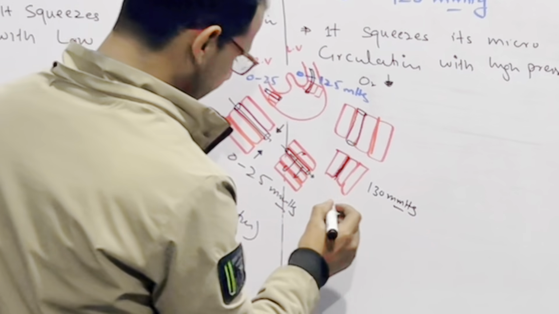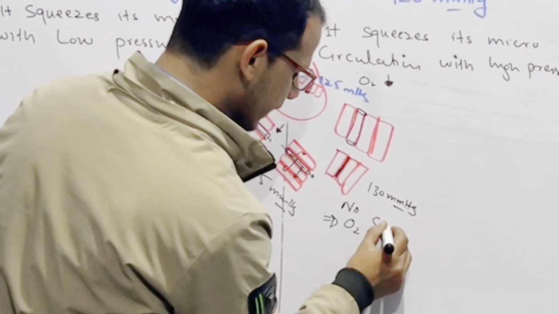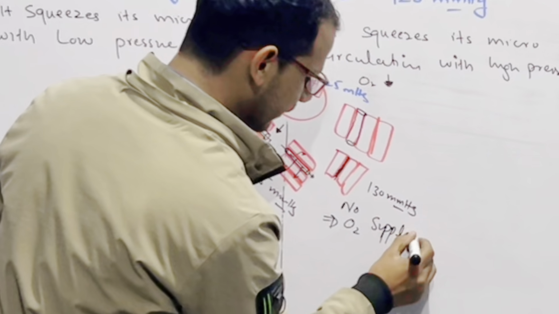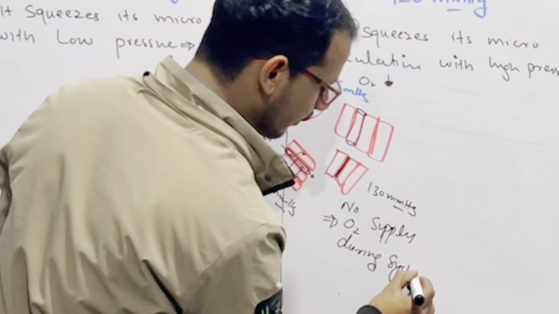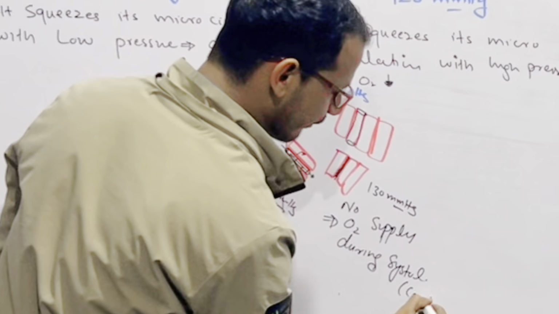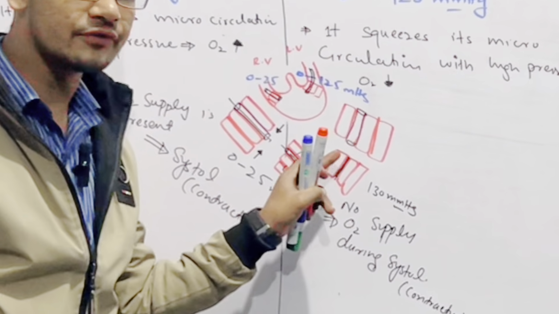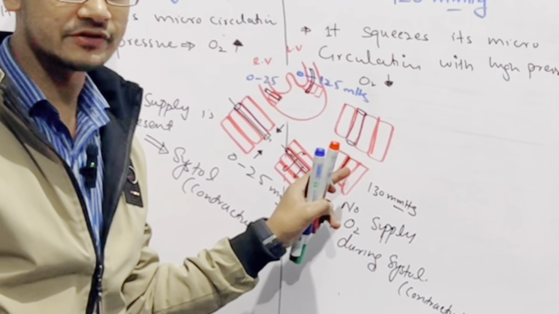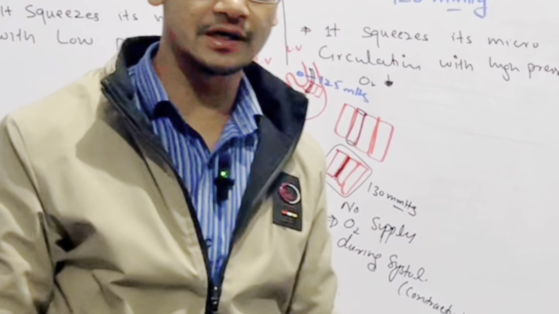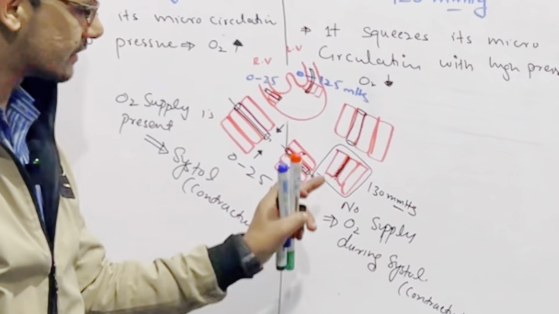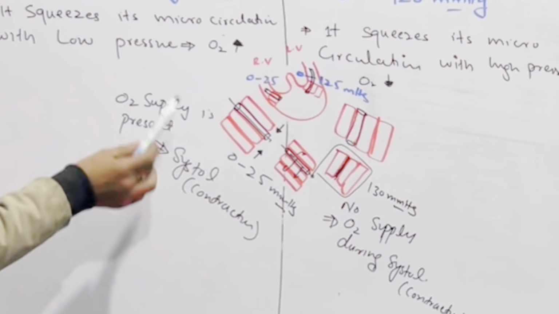But here there is no oxygen supply during systole, during contraction of the left ventricle, as it is not fed from coronary circulation, so there is high chance of ischemia on the left side. This is the next point. Understand, right?